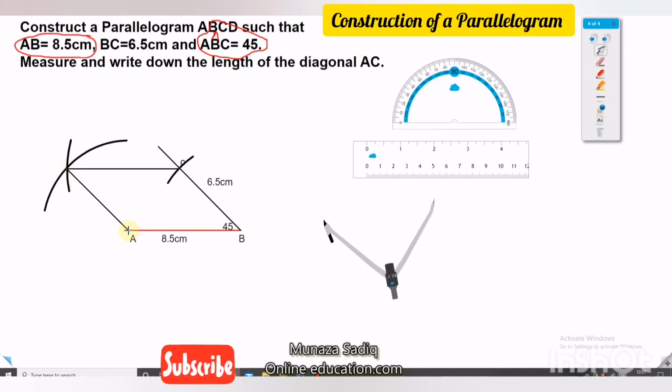This point is D. And join point D with A. Name this point D. This measurement is 8.5 centimeters. And this measurement is 6.5 centimeters. This step is done. Mark a circle.